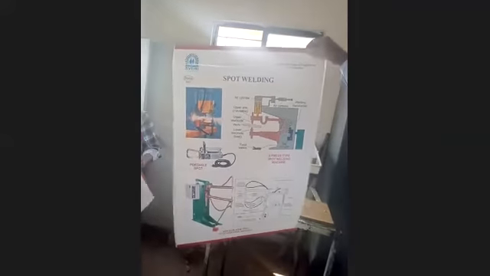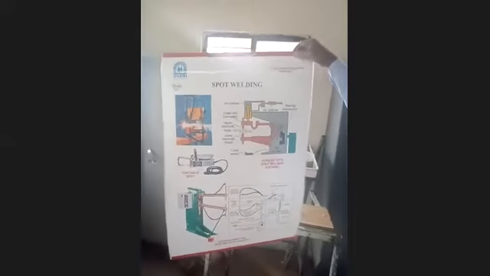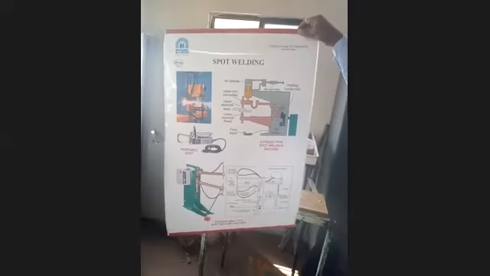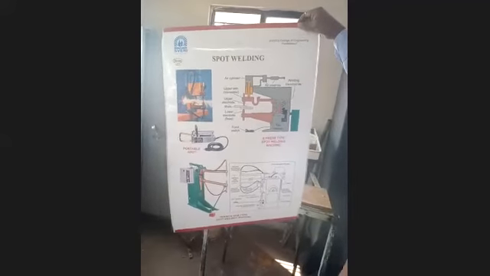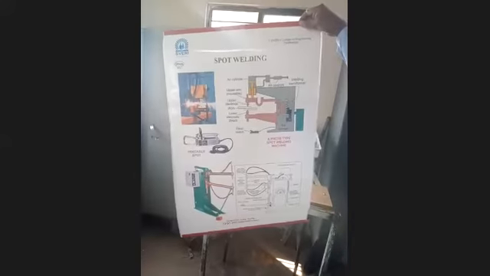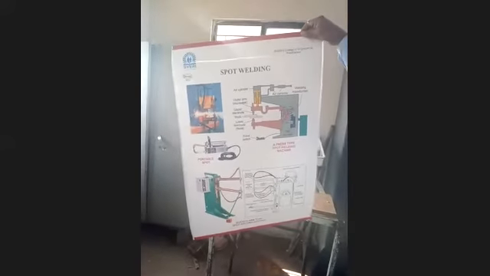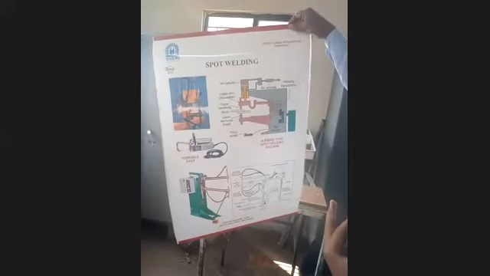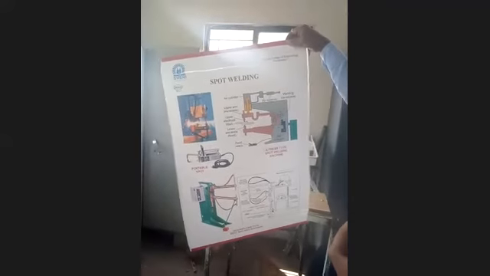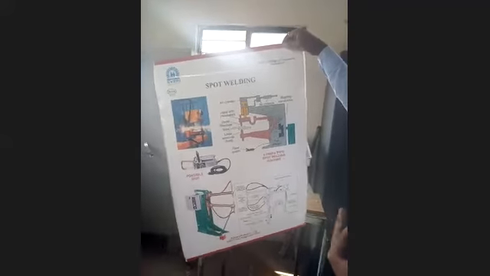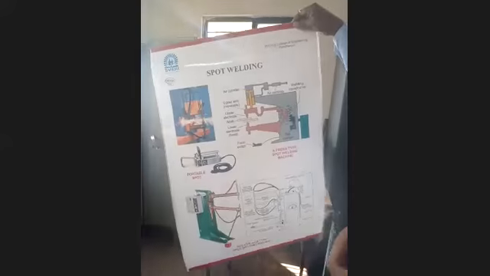Yes, sir. So the two metal pieces are placed together, overlapping each other, and the electrode pressure is applied on them. Current is supplied through the electrodes, and the two metal plates are joined by using this spot welding.